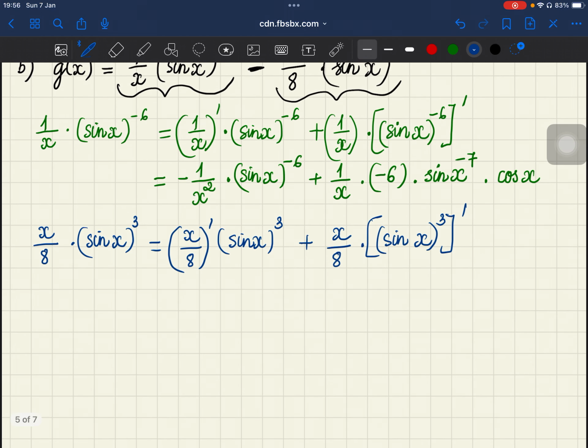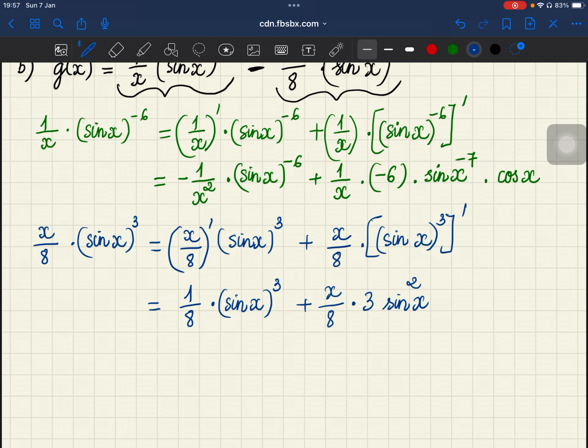So we will have here 1 over 8 multiplied by sine x to the power 3 plus x over 8 multiplied by 3 sine x squared multiplied by cosine x.